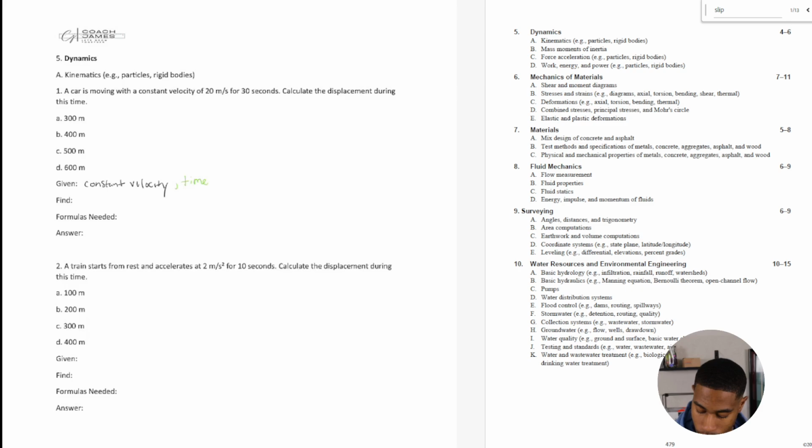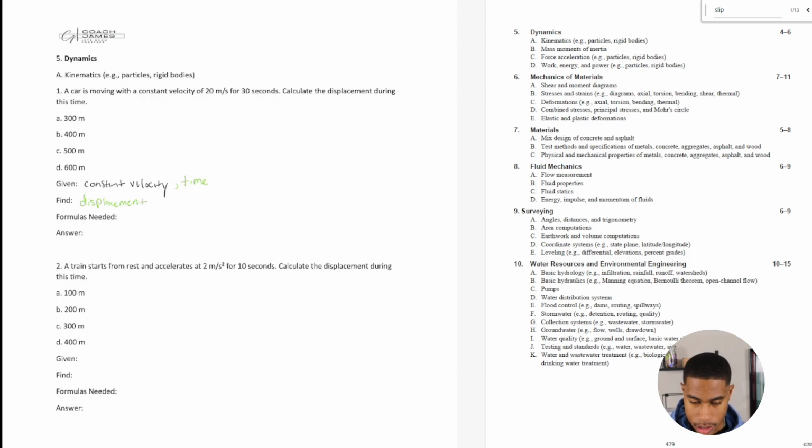Calculate the displacement during this time. So we want to find displacement. Judging from my units on the answers, my unit should be in meters. Something to note.